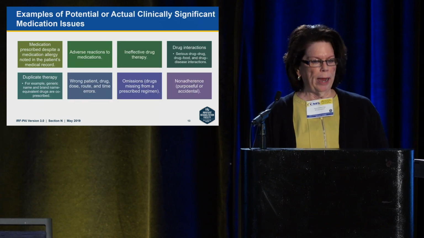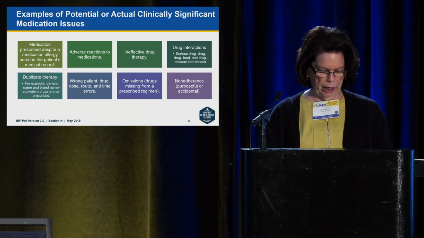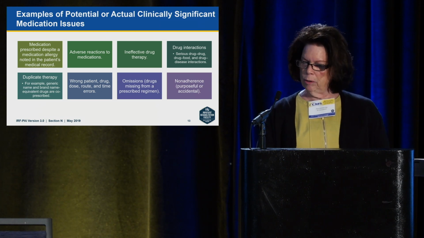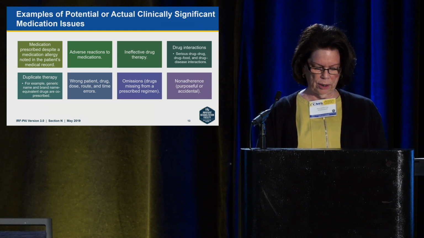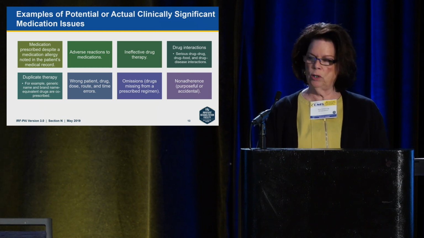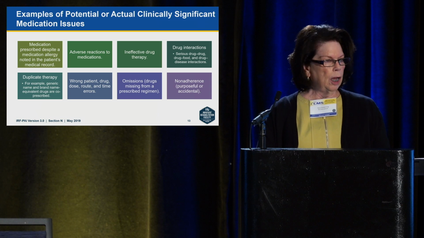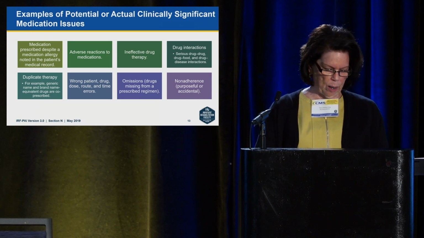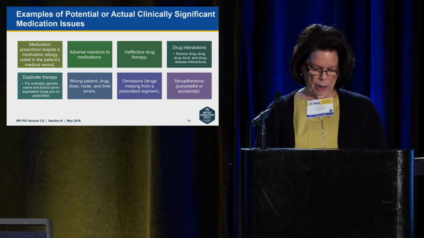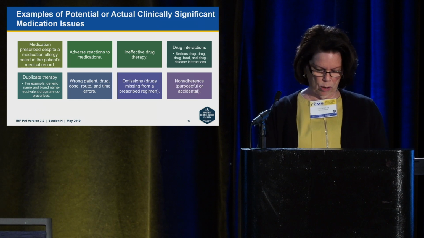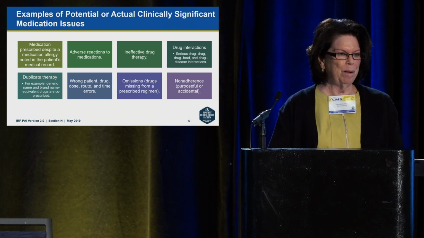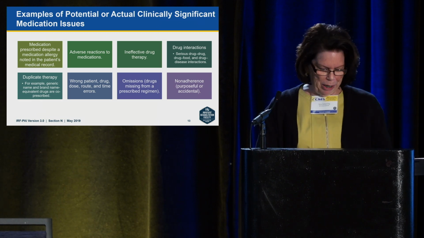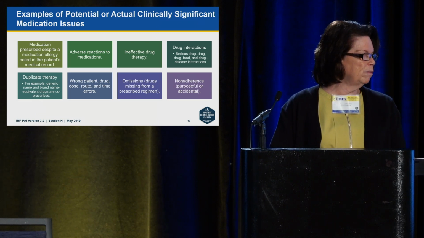Examples of potential or actual clinically significant medication issues are included on this slide, and they include drug interactions such as serious drug-drug, drug-food, and drug-disease interactions. Duplicate therapy, for example, when a generic name and a brand name equivalent drug are co-prescribed. Those of us that are nurses or administer medications all know the 5 rights.